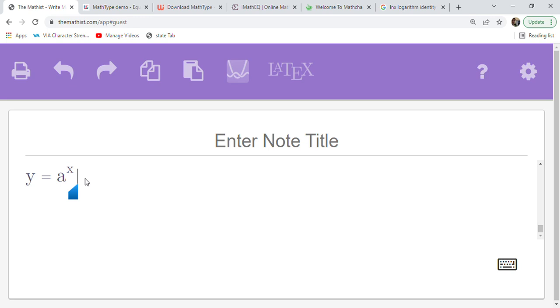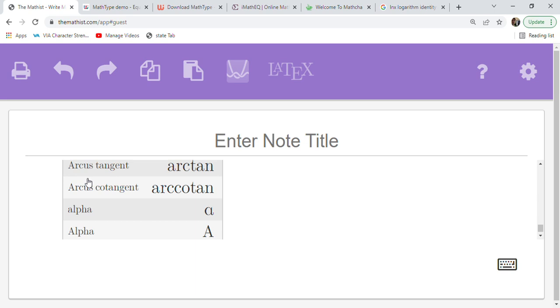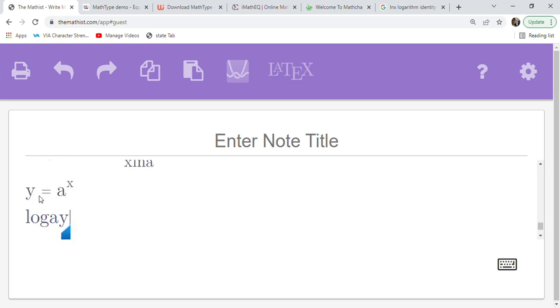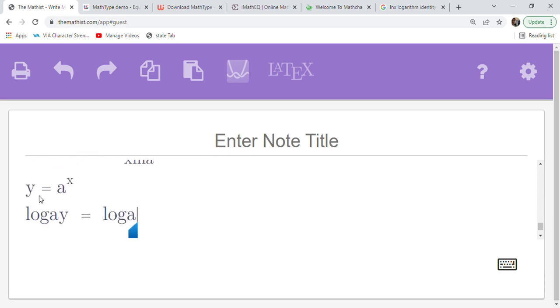So, y equals a to the x. If you want to find the derivative of that, let's just take log base a of both sides. So log a y equals log a of a to the x, which is x. So log a y equals x.